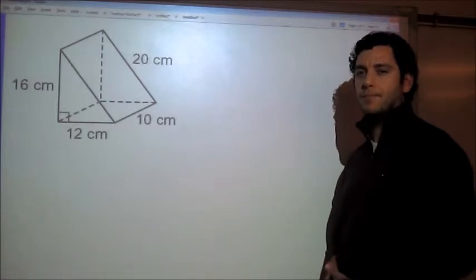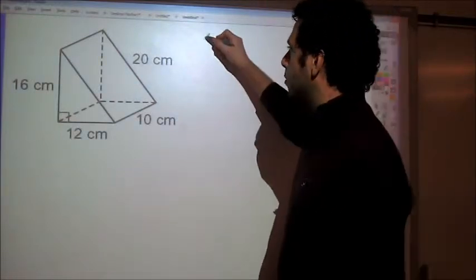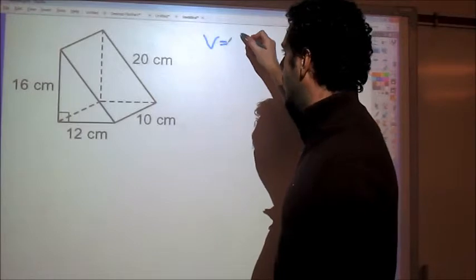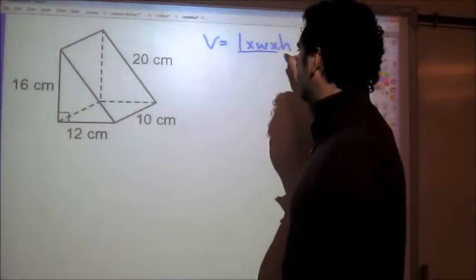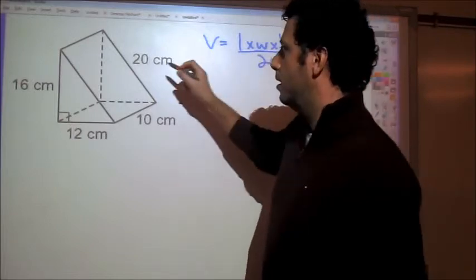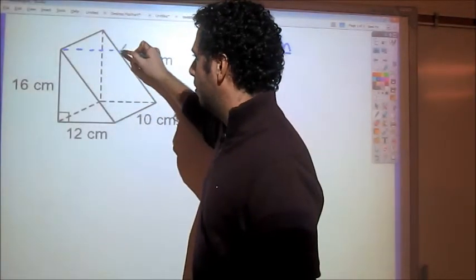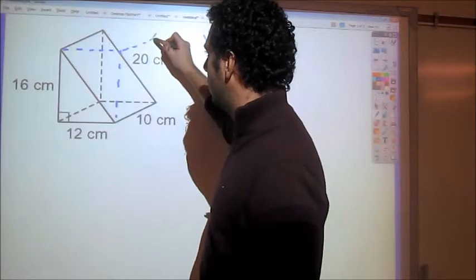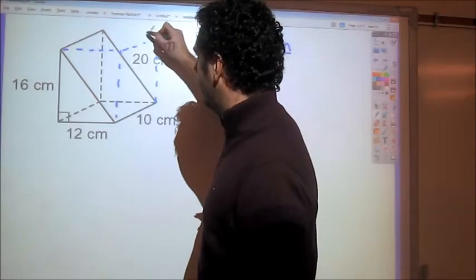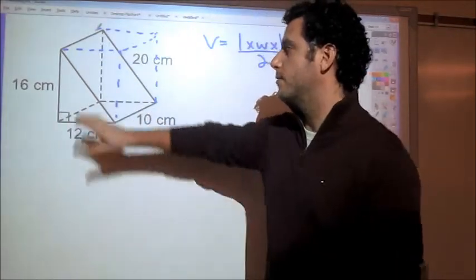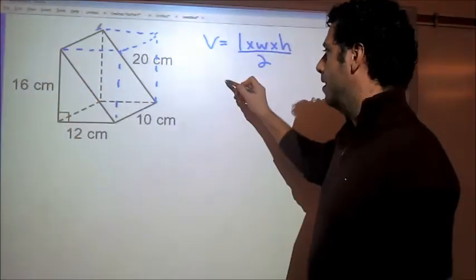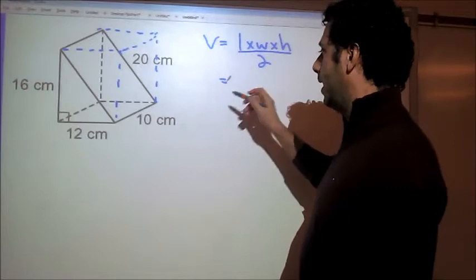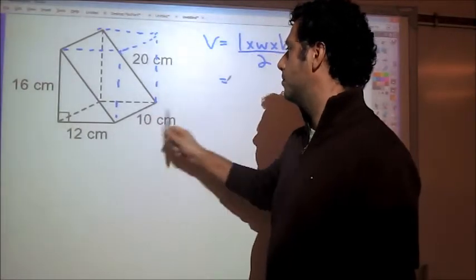Let's try another example. In this example, I'm going to show you the other way I was telling you about, which is to calculate the volume of a right rectangular prism and then divide it by 2. Essentially what you're doing is determining the volume of this space and then dividing it by 2 so that you're left with just the triangular prism part of it. So the length of this prism is 10.